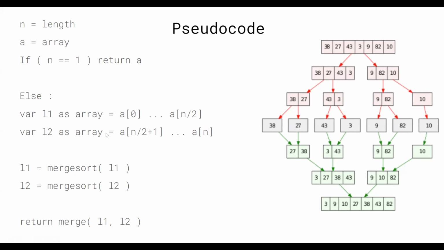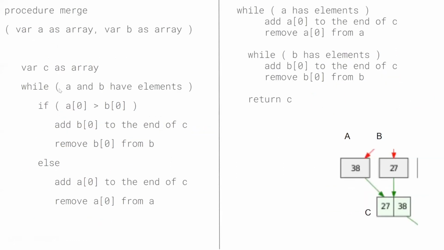And then after the whole thing is divided, we'll begin the merge procedure. First, let's just say that in the bottom right you'll see A, B, and C. Let's imagine that we tag their names as A, B, and C. So if A is greater than B, then B is added to C, and B is removed.